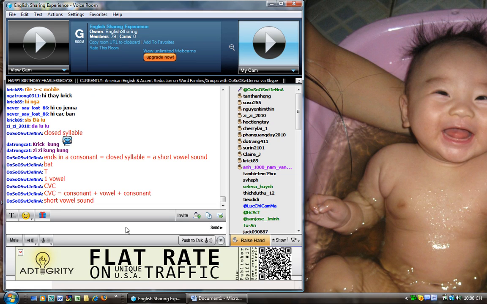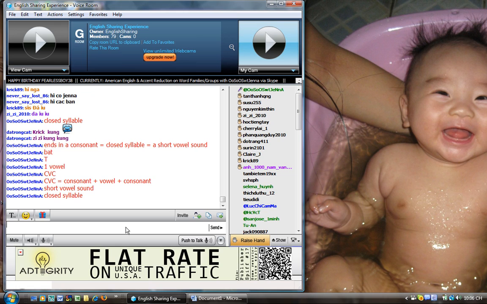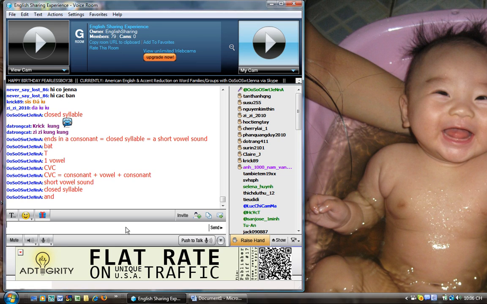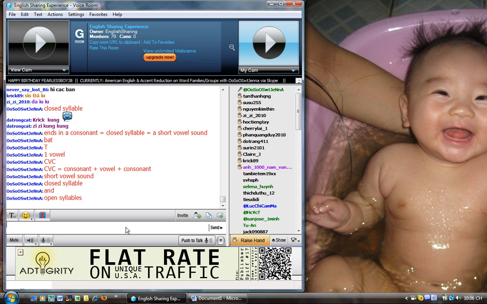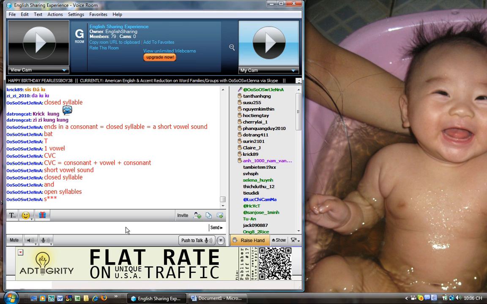So the best way is knowing what are closed syllables and what are open syllables. So it is easier to figure out if it's a long vowel or a short vowel because we can't remember every single word. So these are the two ways that are easy for you to distinguish.